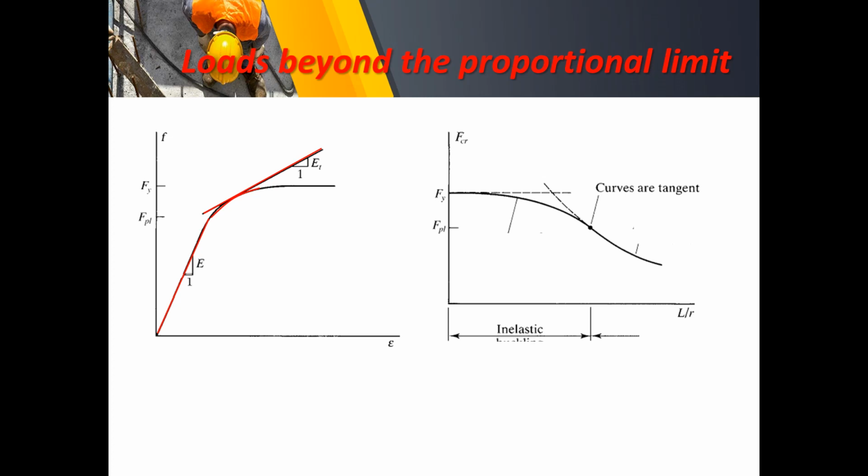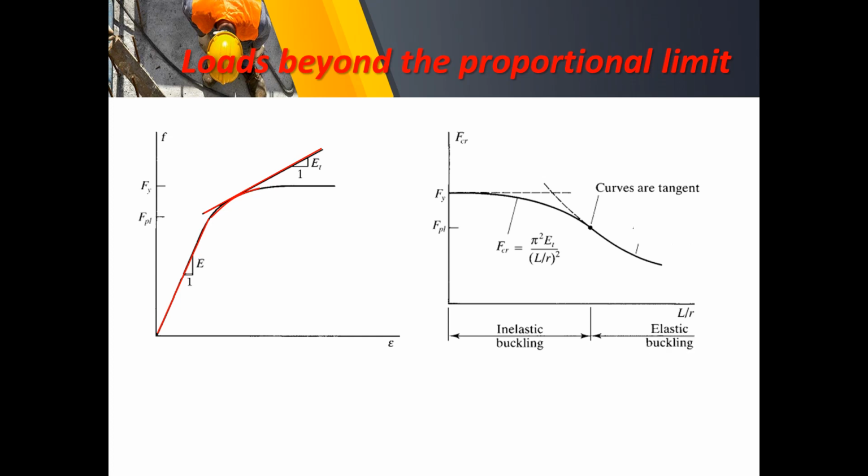So on the transition of the curve, we have the inelastic buckling, wherein we have FCR is equal to pi squared times E sub t all over slenderness ratio squared. On this zone, we have the elastic buckling.